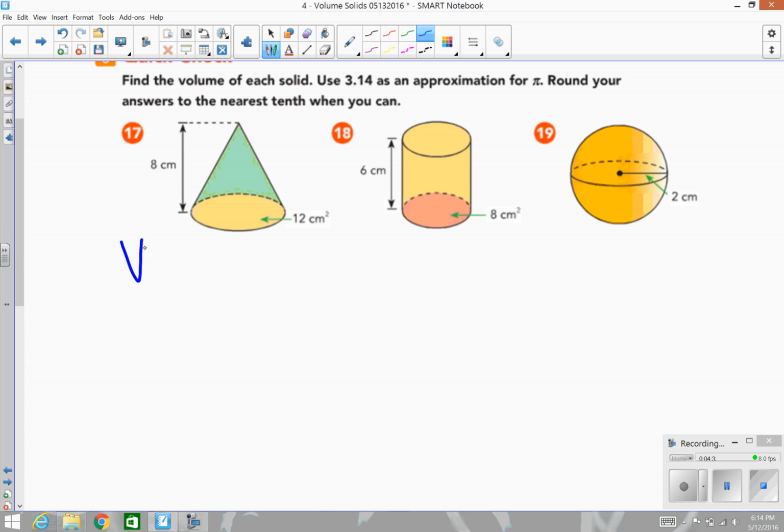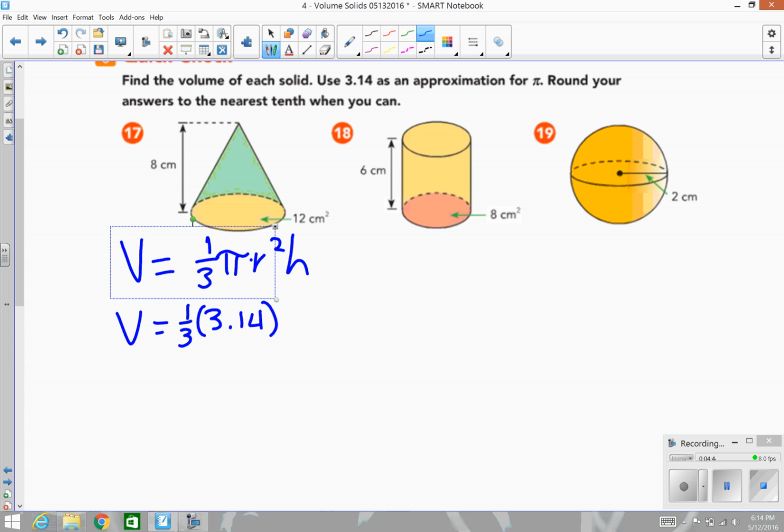So for the cone, the volume equals 1/3 pi r squared times height. Volume equals 1/3 times 3.14 times, oh, this one's actually nice. Okay, we don't have to calculate the area of the base.